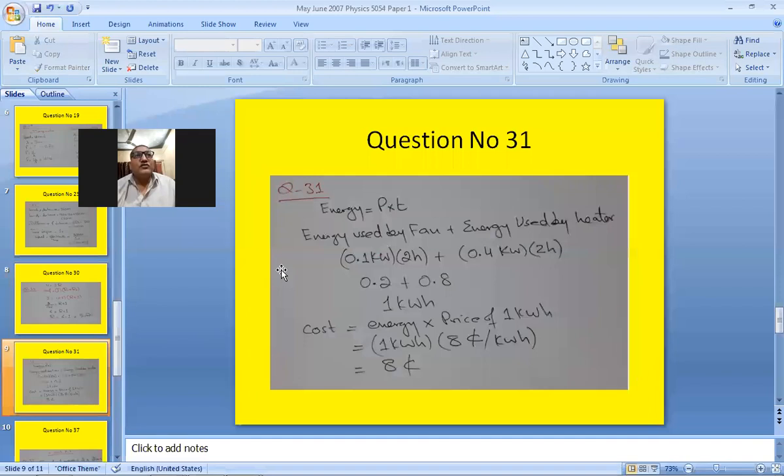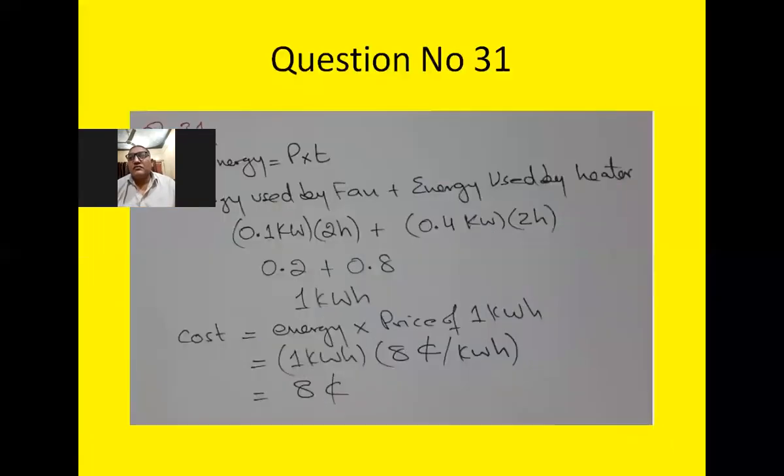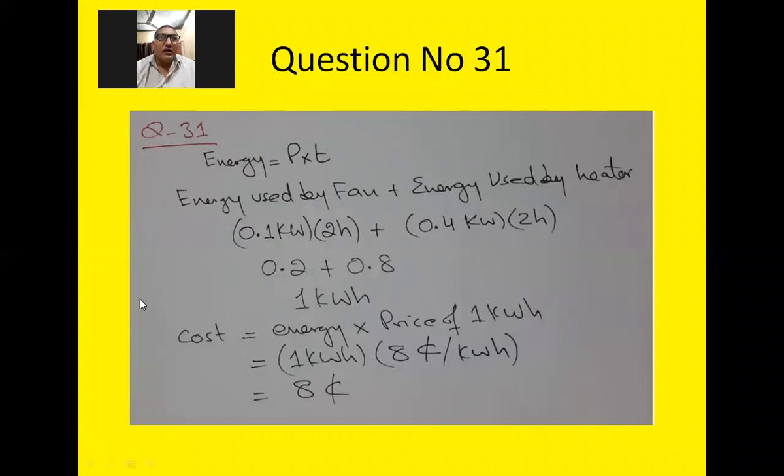So let me show you. The energy is equal to power multiplied by time. Energy used by the fan plus the energy used by the heater. The energy used by the fan is 0.1 kilowatt multiplied by 2, so it will be 0.2 kilowatt hour.